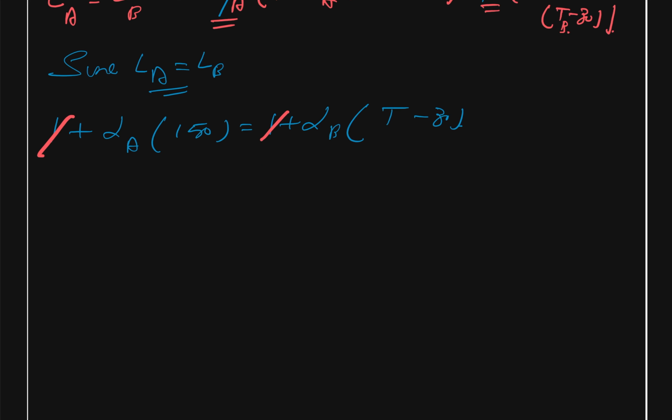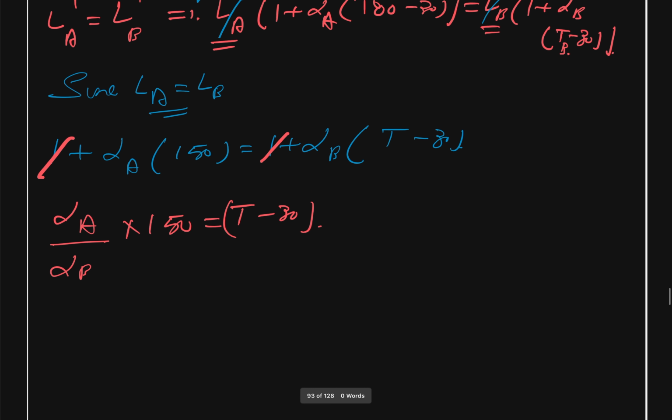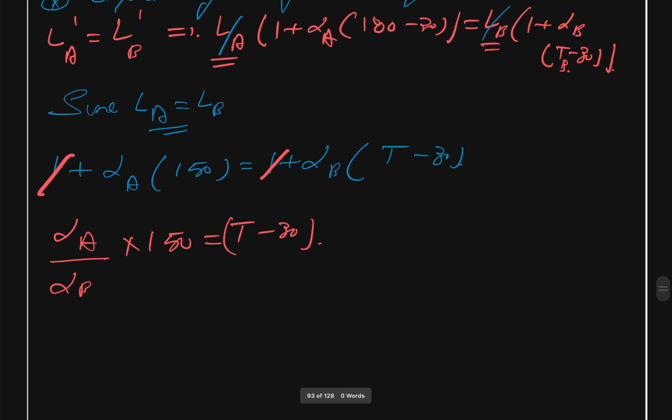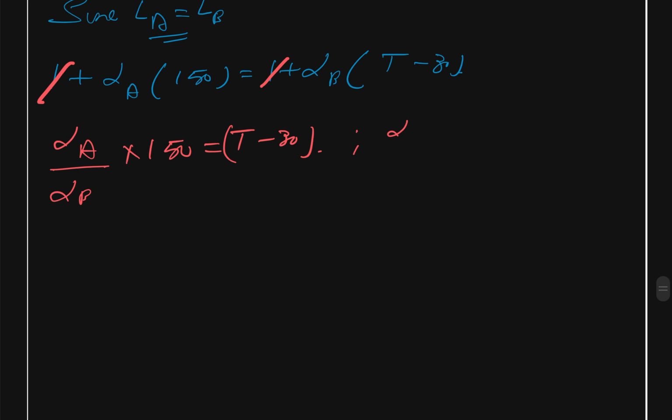We get this as our alpha A upon alpha B into 150 is equal to T minus 30. But we are given that their ratio is 4:3. We are given that alpha A upon alpha B is equal to 4/3.